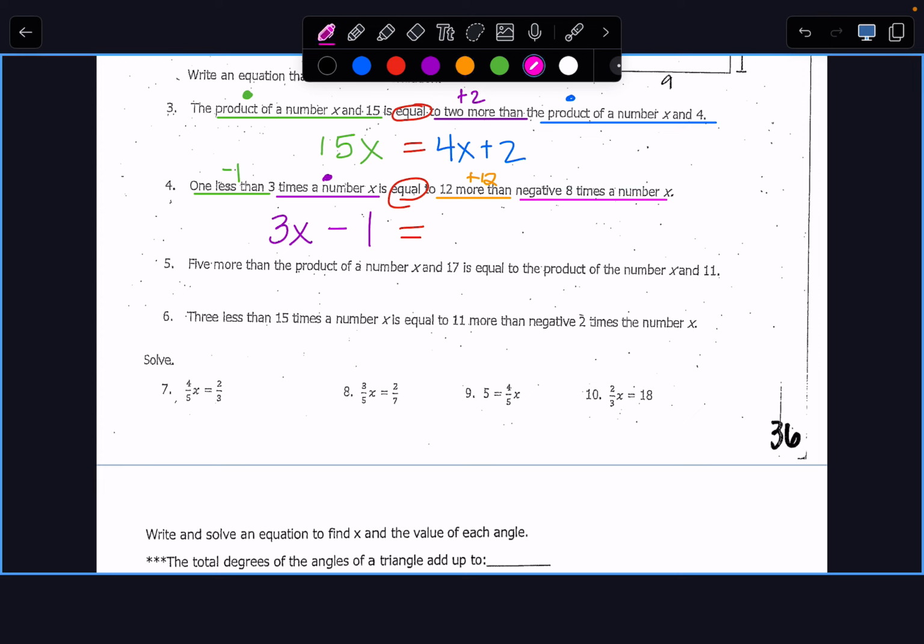Negative 8 times the number x. Okay. Again, we're doing times. Okay, this one, it doesn't matter how you write it, but since we have that 12 more than, kind of like the 1 less than, I'm going to write it just so we get in the habit, negative 8 times x, and then we're going to add 12 to it.